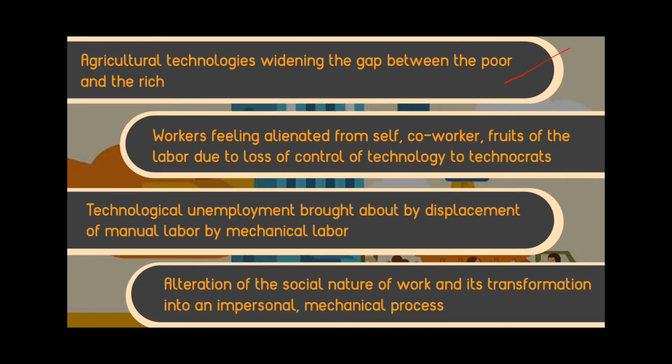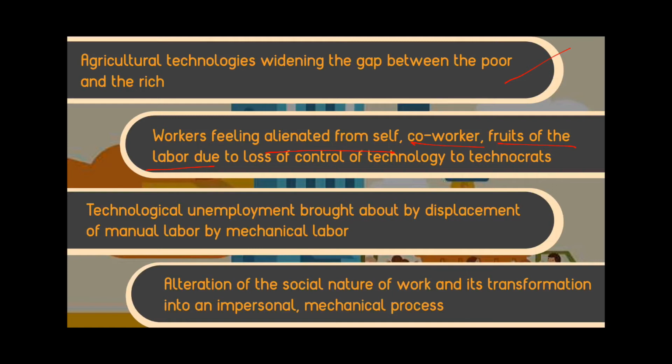Next, technologies used for work may leave workers feeling alienated from self, from co-workers because of competition, and from the fruits of their labor due to loss of control of technology to technocrats. So we all know that there are people who are becoming unemployed because of robots and artificial intelligence and technologies that are found in factories.